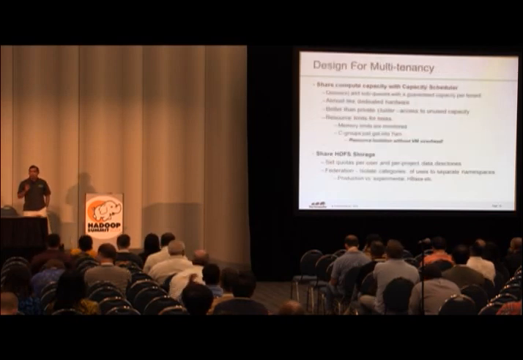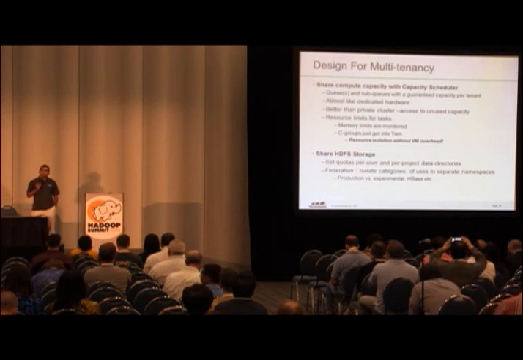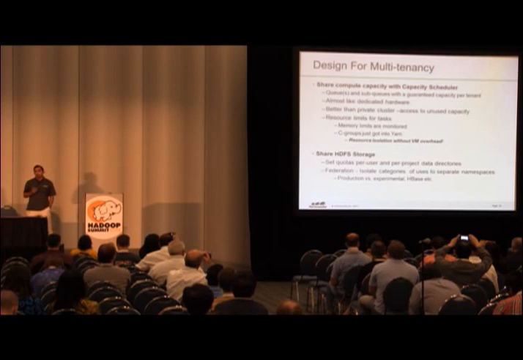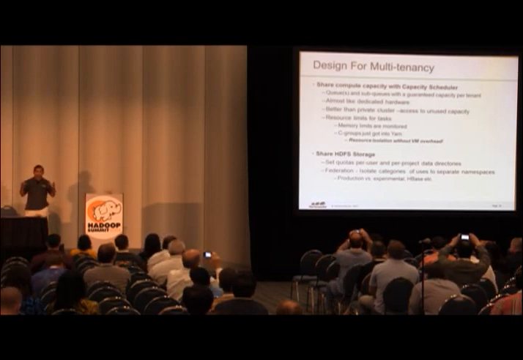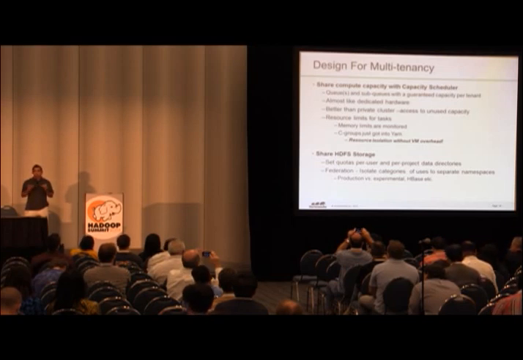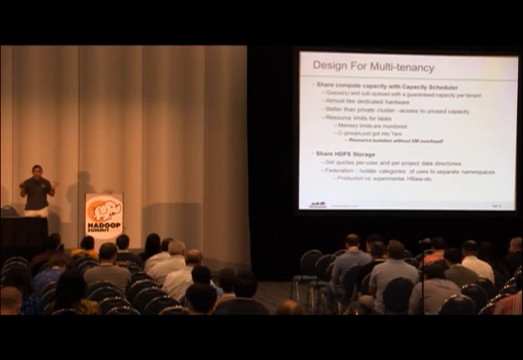Going to designing for multi-tenancy, Hadoop clusters are typically used by multiple users and multiple projects. Making sure that the cluster can be utilized by all of them as a shared cluster is very important. So in order to do that, to share the compute capacity across all the users, use a capacity scheduler.